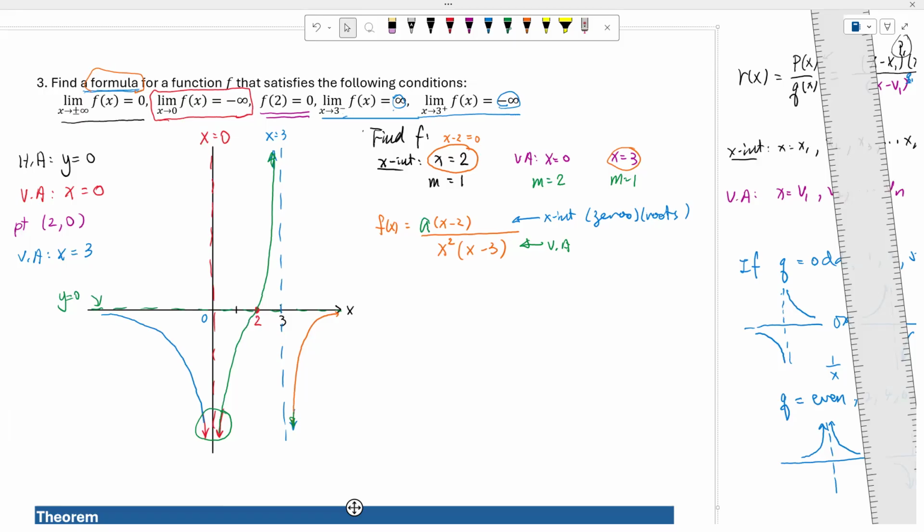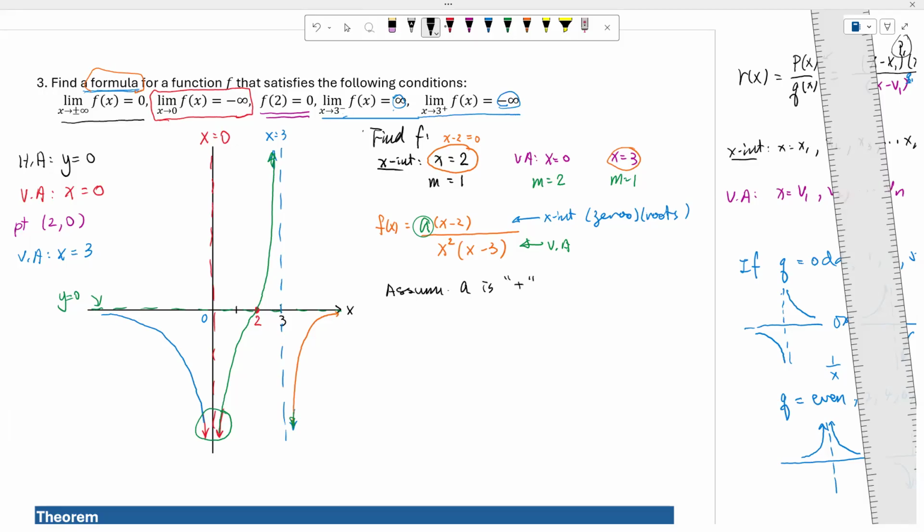Because we don't have any scale on the y-axis, the best we can determine about this a is either positive or negative, nothing else. So in this case, let us assume that a is positive.